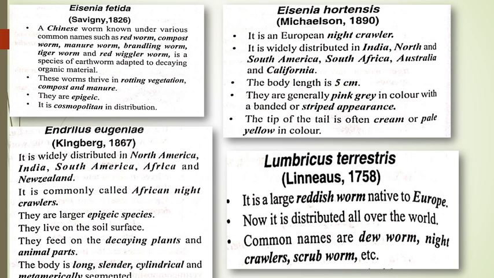It is mainly adapted to feed on decaying organic matter. So it is a decomposing earthworm, mainly helping in the process of decomposing. These worms thrive in rotting vegetation, compost and manure. They are mainly useful in making manure.